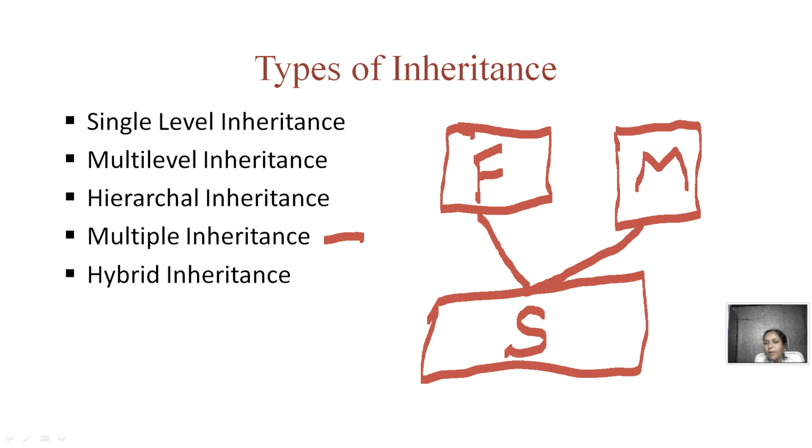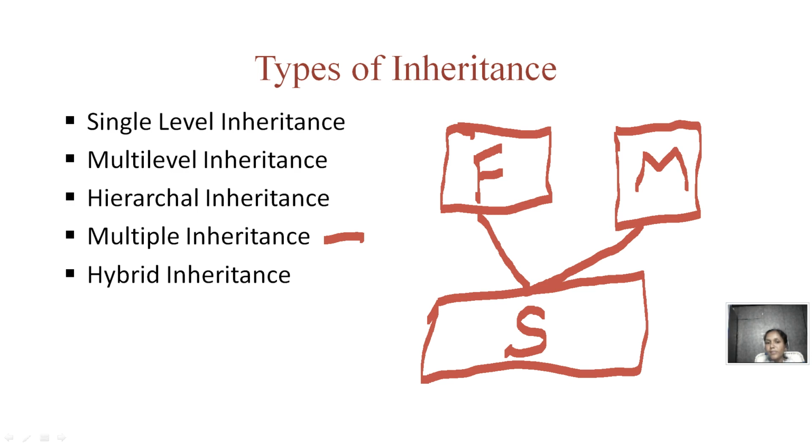In this type, if a child class acquires the properties from more than one base class, that comes to a concept called multiple inheritance. But when acquiring the properties from more than one class, some conflicts will exist.